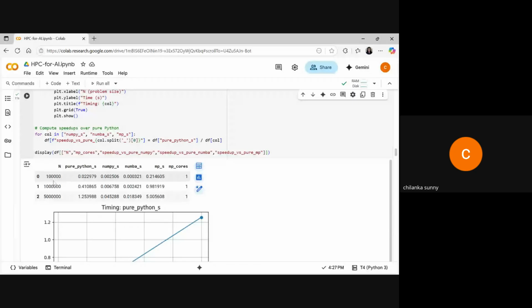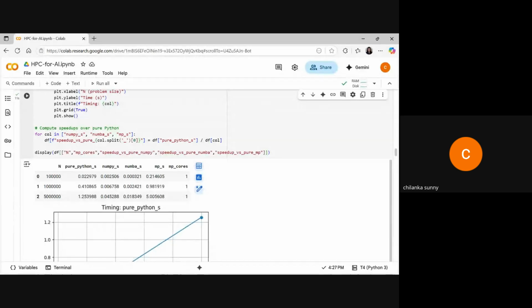But let's take the first one, the size 100,000. If we compare this data, we can see that the maximum time is taken by the multiprocessing environment, whereas Python could have more optimized code, and NumPy could generate the vector code, and Numba is having the highest performance because it could generate near native code.